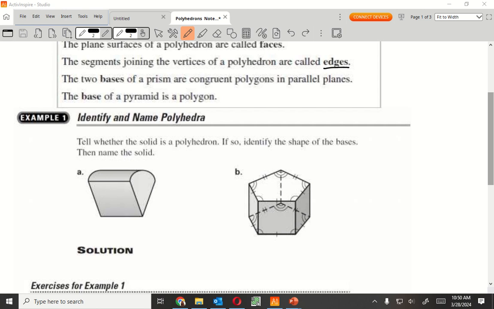The polygons have a bunch of sides, but none of the faces are going to be round. None of the edges are going to be round. You don't have any curves on it. Because this one right here, if it were to cut off right there, and it would be that three-dimensional shape, then I could say that that one would be. So this one is not a polyhedron because it is round.